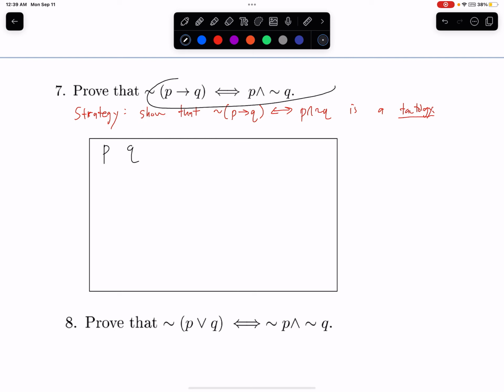Okay, so I need to build this whole thing. Looking at the left side, I need an if P then Q. Looking at the right side, I need a P and not Q. So I'm going to need a not Q. I'm also going to need an if P then Q. That's this part. And then I'm going to need to negate that. So I'm going to do the negation of if P then Q. Notice the parentheses means this if-then happens first.